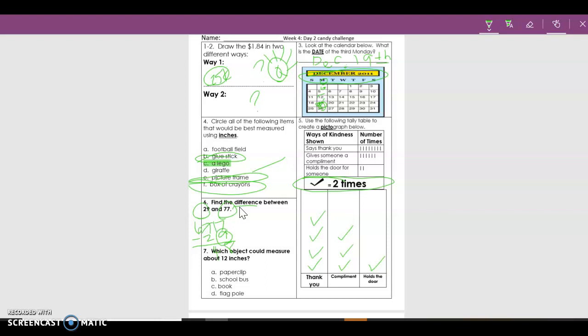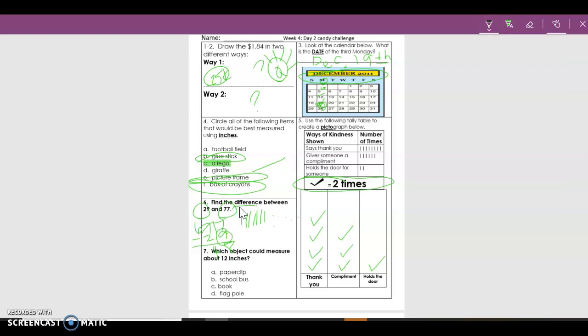Another option that they could do would be to draw it out. So if they drew, it's going to get really messy. If they drew 77, 10, 20, 30, 40, 50, 60, 70, 1, 2, 3, 4, 5, 6, 7, and they want to take away 29, well, I'm going to switch my color.